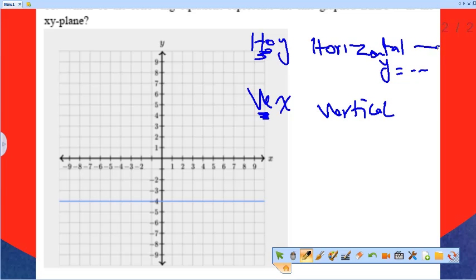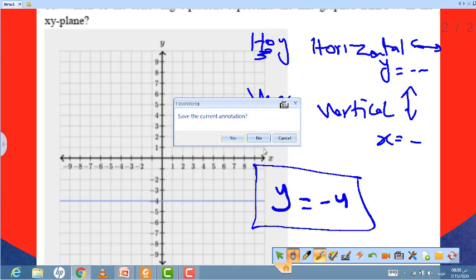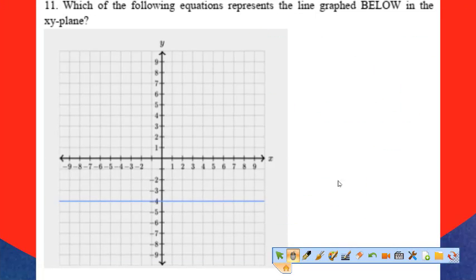This one horizontal looks like this one, and this one vertical looks like this one. In this case, what do we have? Yes, we have a horizontal line passing through -4. It means the equation of this line is y equal -4. Yes, great. This is how you determine horizontal line, vertical line, or inclined line by determining slope and y-intercept.